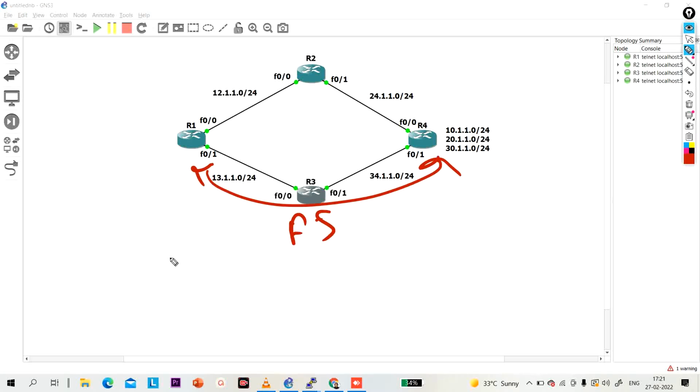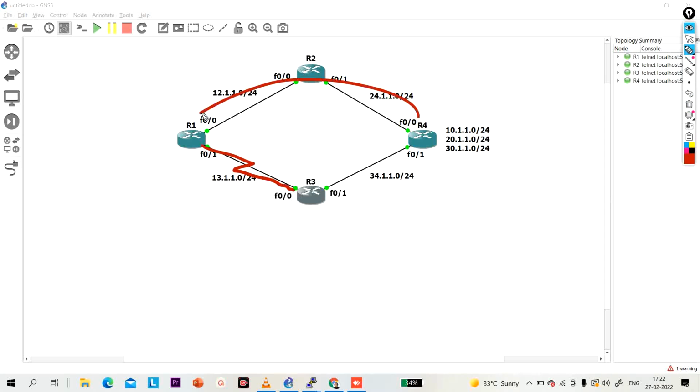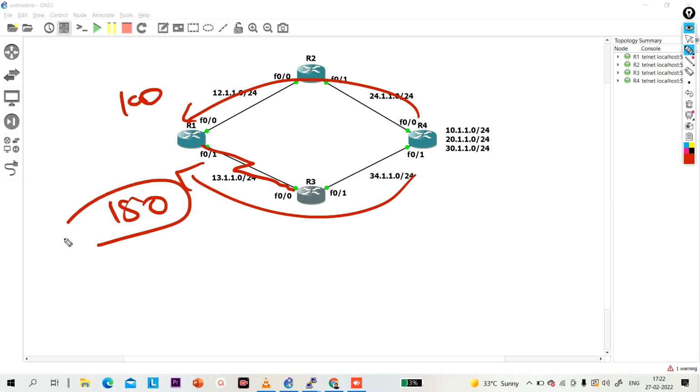But my question is, how will R1 perform unequal cost load balancing when I change this link? If I put a serial link over here, then R1 will receive this prefix from 2 sides, but this time the metric is different, the cost is different. Suppose here R1 is calculating 100 cost and here R1 is calculating 150 cost. So now the cost is different.